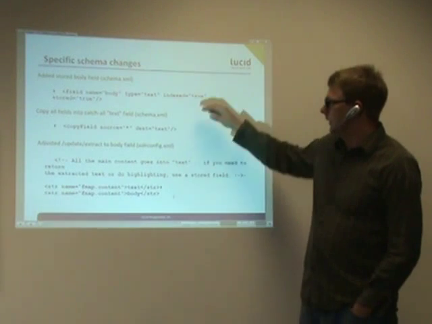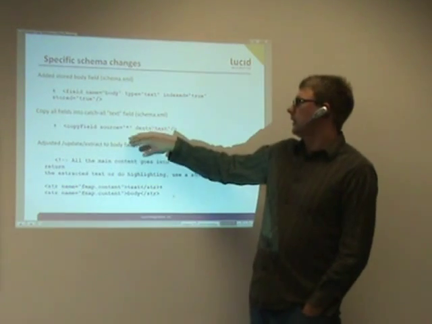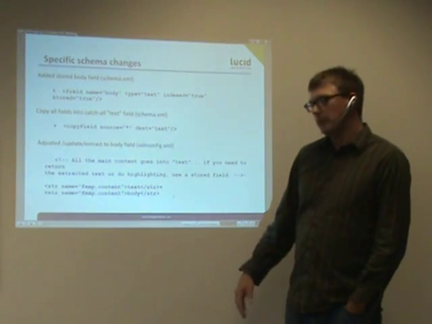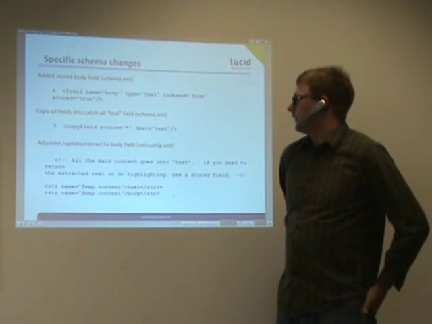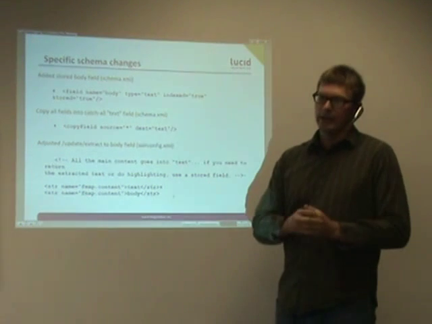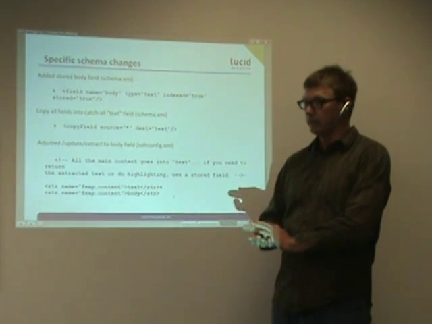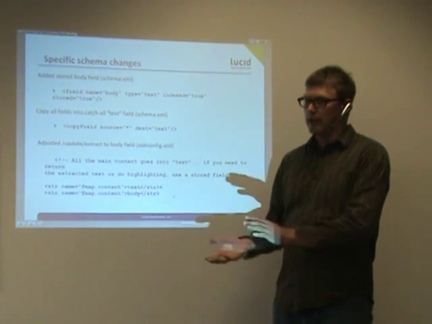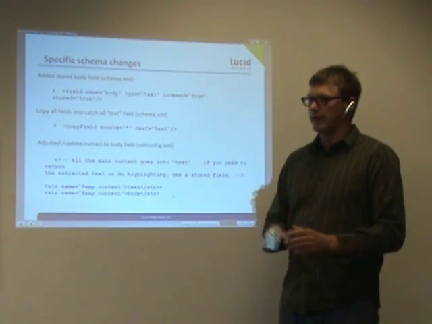So what we're going to do is create a new field called body, and then create a copyField configuration in the schema. This copyField is going to map every incoming field into that text field. We are going to replace the text field with the body field for incoming content, however we are still going to use that text field.